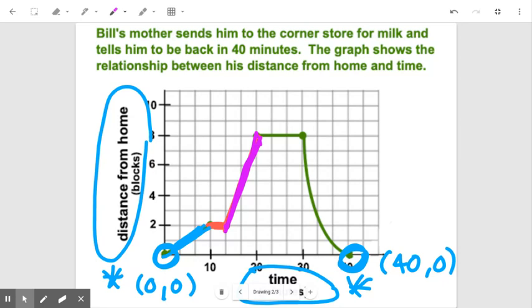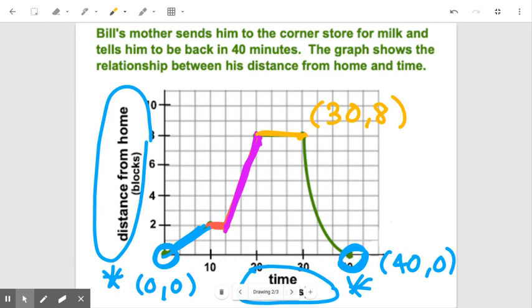This little section in the middle, right here, probably is when he was in the store. He was looking for the milk. He was waiting in line to check out, maybe again talking to a friend. And so this last section, right here is the point (30, 8). That means at 30 minutes, Bill was still 8 blocks from home.